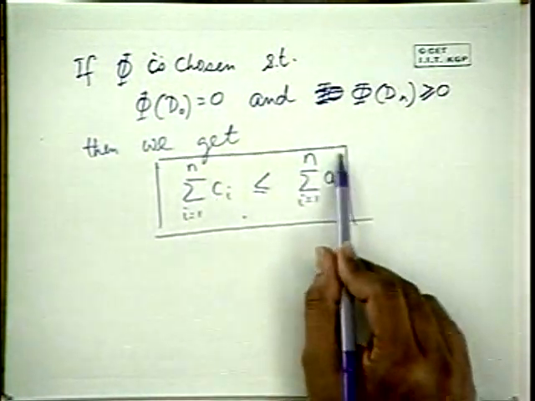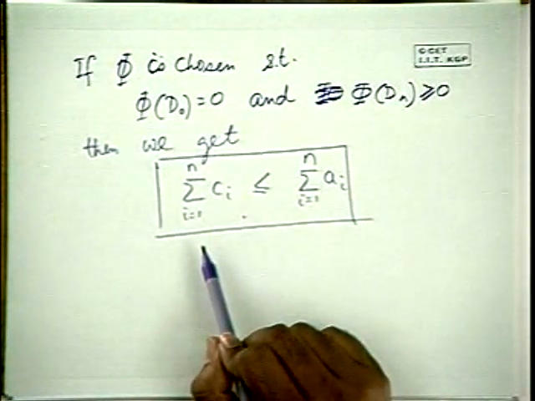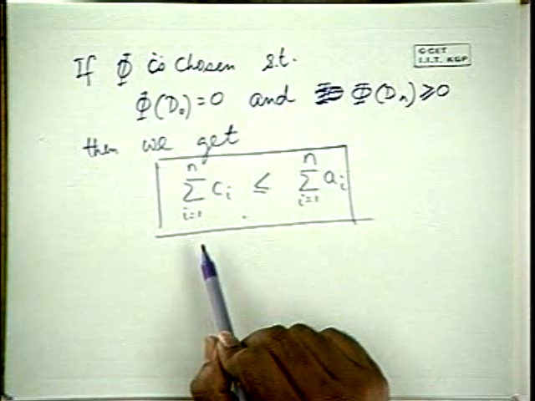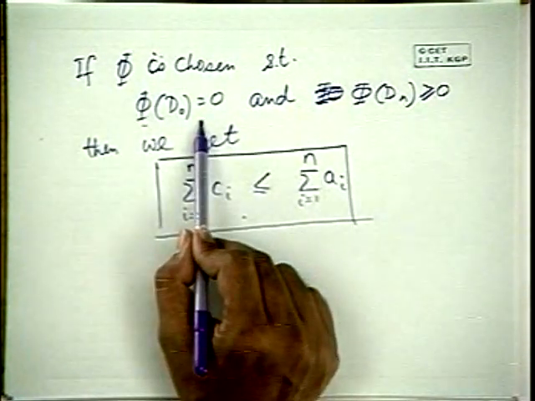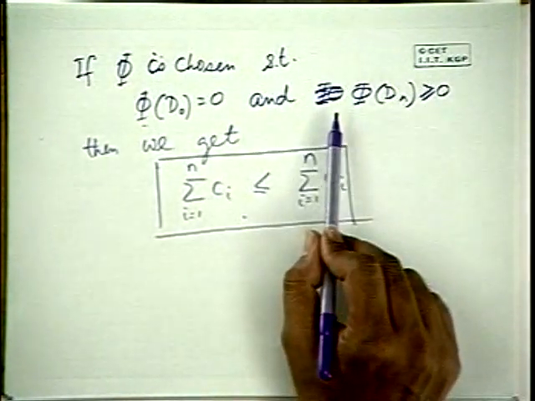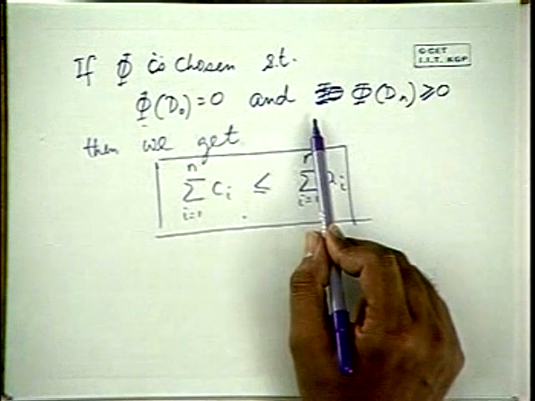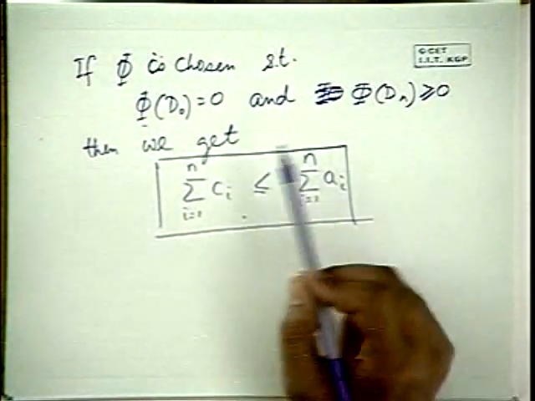So if we have a bound on the summation of Ai, it will also give a bound on the summation of Ci. But I need to make sure that phi of D0 is 0 and phi of Dn is greater than or equal to 0. In between, whatever happens, phi does not matter. Sometimes it will decrease, sometimes it will increase.